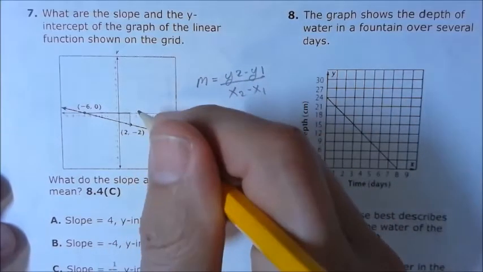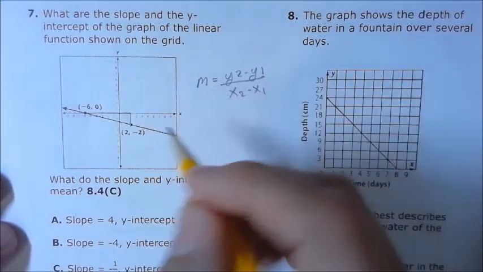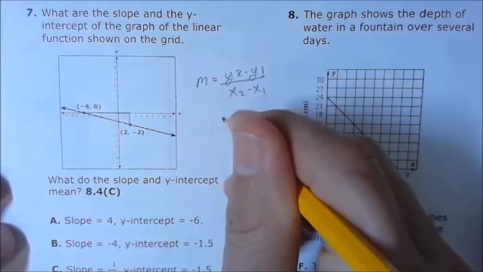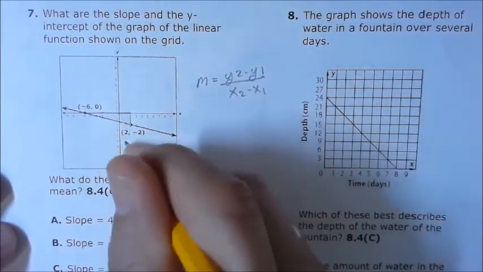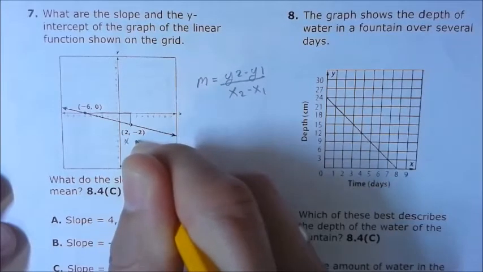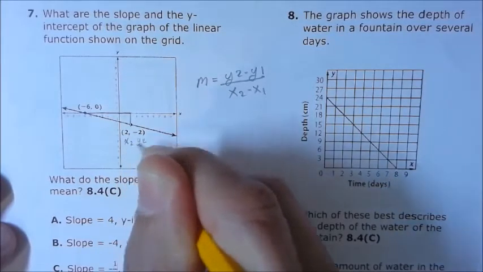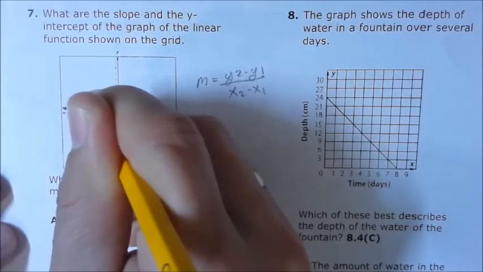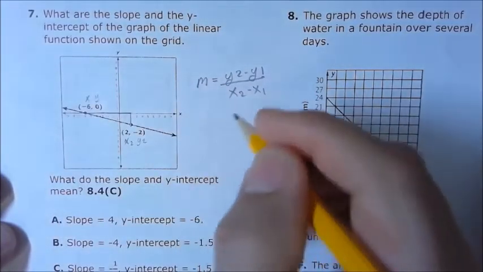But let's go ahead and try to make sense of this. I'm going to use this slope formula and plug in my numbers. So I'm going to call this one my x2 and my y2, and I'm going to call this one my x1 and my y1. So let me plug in my numbers.